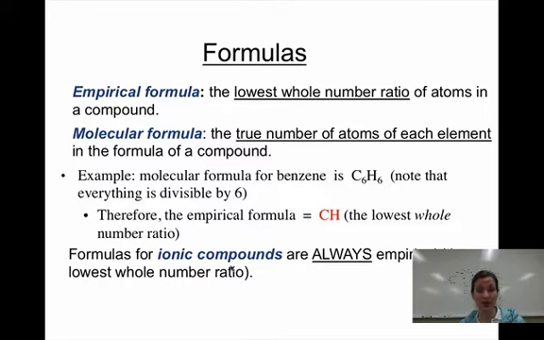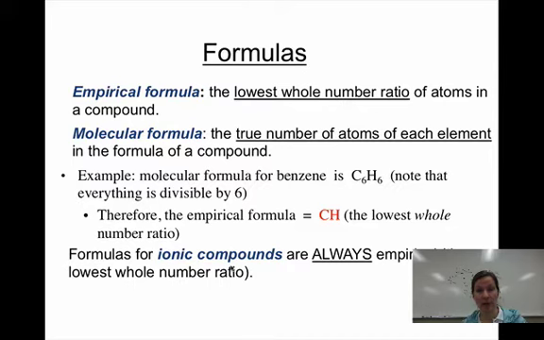But for an example here, looking at that benzene molecule, C6H6, the empirical formula, the lowest whole number ratio, is just CH, and that's all the data that we could get out of this type of problem. If we needed to know that it was C6H6, we would need a little bit more data to deal with that. Okay, so we're going to do problems the other direction.